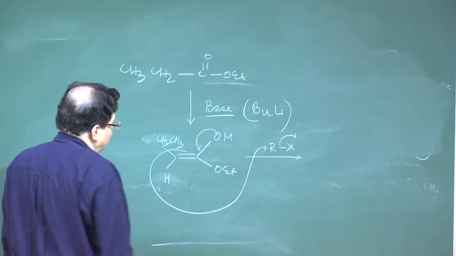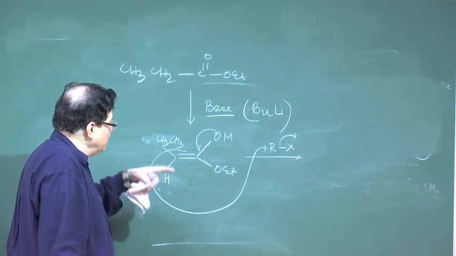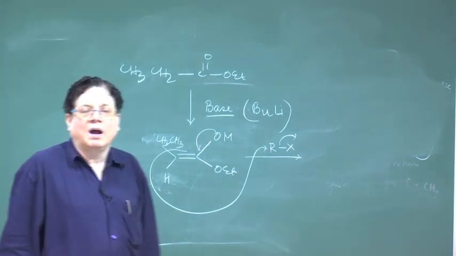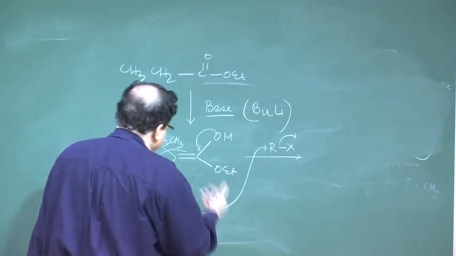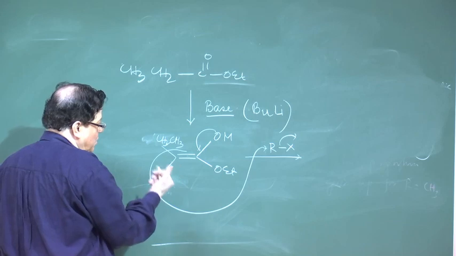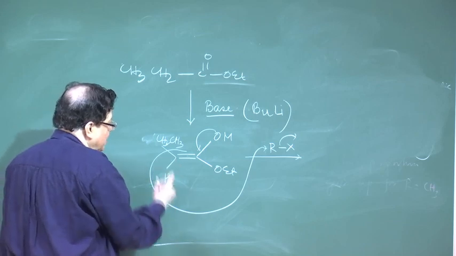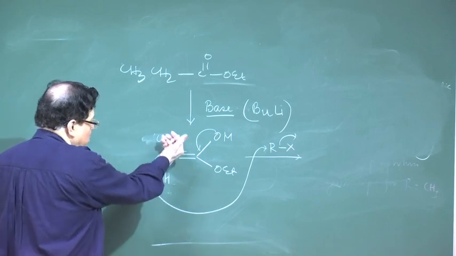Anyway, these two transition states are enantiomeric, or the other way around, these two faces are enantiotopic faces. How do you know they are enantiotopic faces? Because the ultimate product is an enantiomer. So, they are enantiotopic faces.